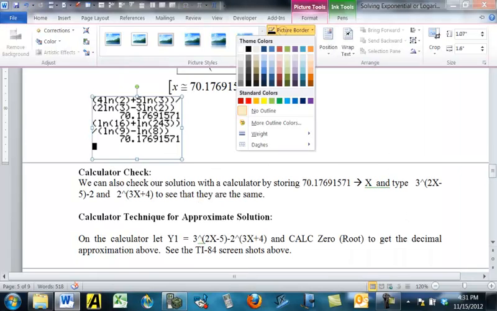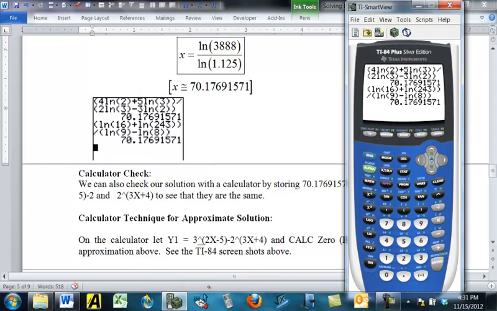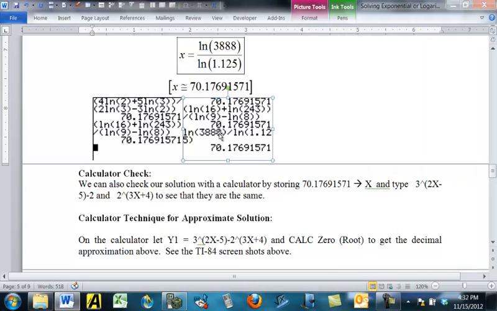That's the same thing both times. And what about the last one, which is actually the easiest to type in the calculator? ln of 3888 divided by ln 1.125. I'd probably say the last one was the simplified version, but they're all actually correct answers.